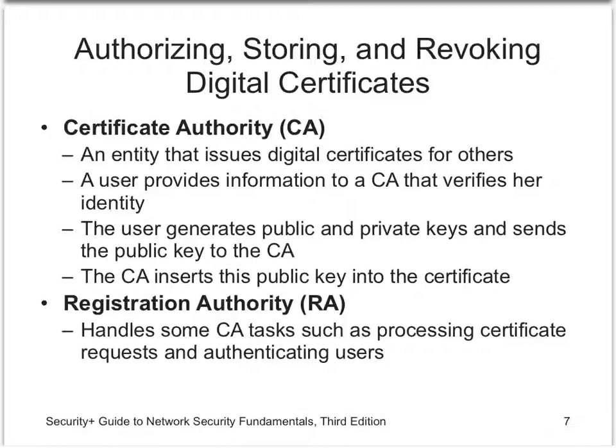Now, an example would be this. You guys don't use it here, but we do as faculty and staff: Outlook OWA, Outlook Web Access, where you access our web server via the web. Well, they've created in-house their own digital certificate.